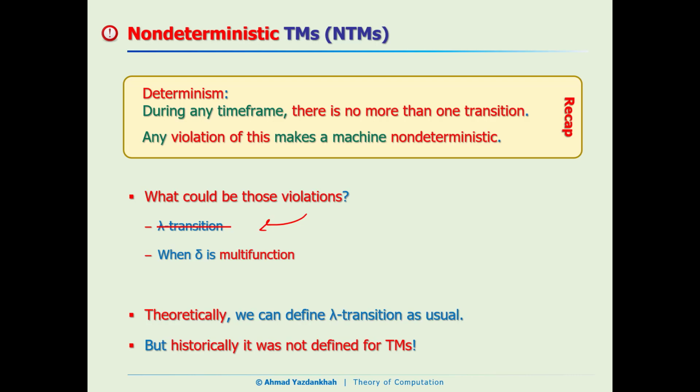We just learned how easily we can combine simple Turing machines to create a more complex one, right? So for combining, we really don't need lambda transition. How about parallel processing? Yeah, multifunction is enough. So probably those are the reasons they didn't define lambda transition for Turing machines.